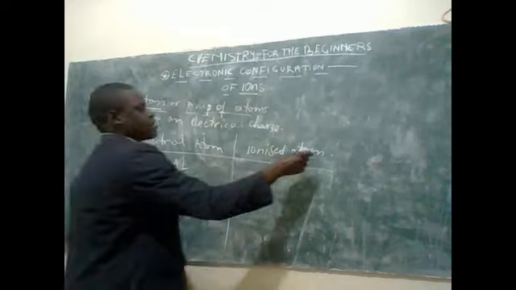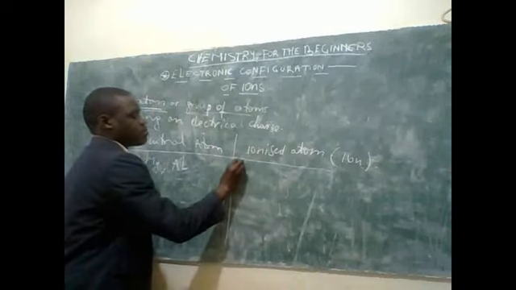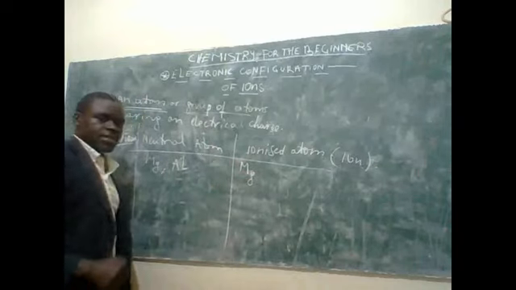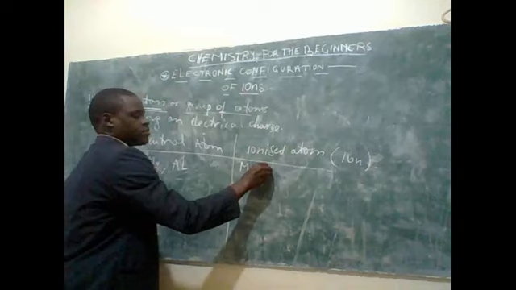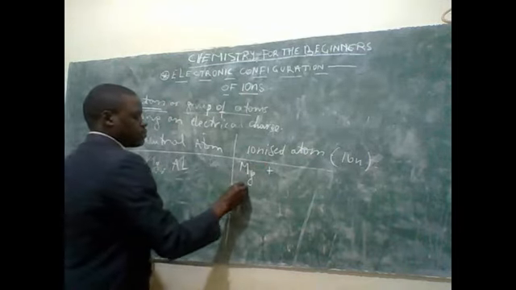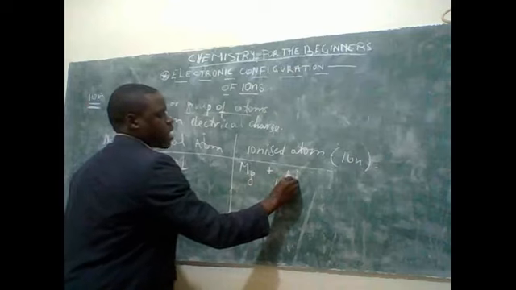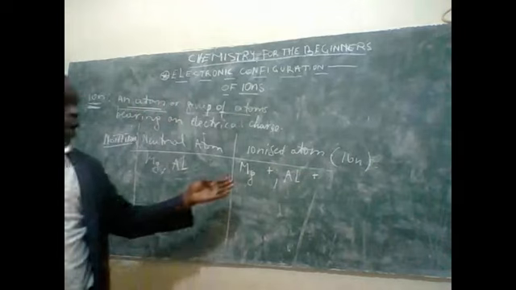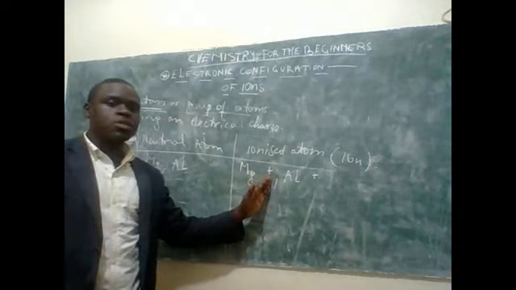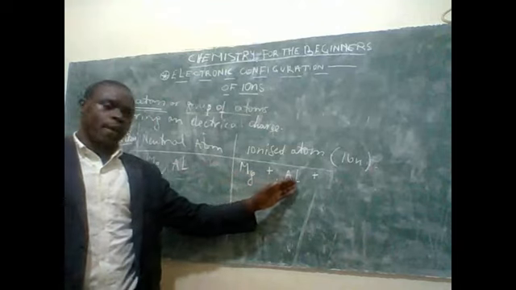But when it is ionized, it becomes an ion. Magnesium becomes positive, and aluminium also becomes positive. Why is magnesium becoming positive, and why is aluminium also becoming positive?